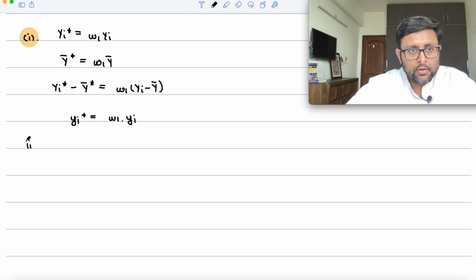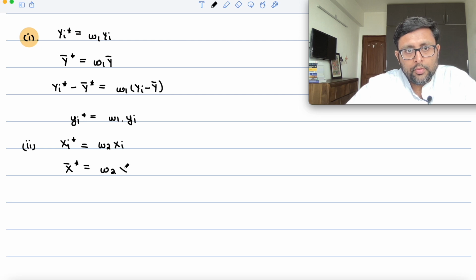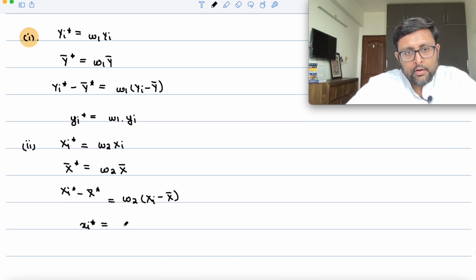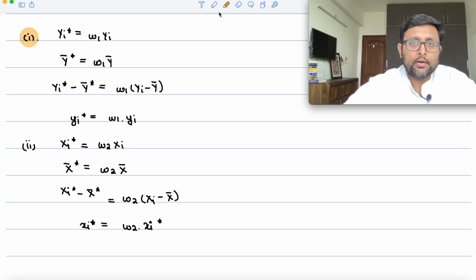Remember this. Similarly, capital xi star is w2 xi, x bar star would be w2 x bar, capital xi star minus x bar star is going to be w2 times xi minus x bar. So small xi star is going to be w2 small xi. How about that?